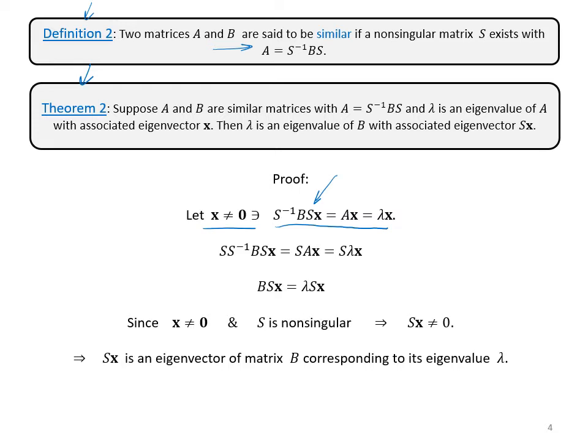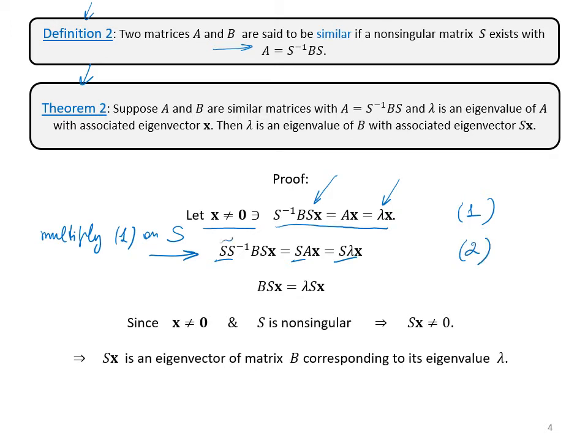We also know that lambda is an eigenvalue of matrix A. So now, let's say equation 1, we are going to multiply this expression 1 by matrix S from the left and write down expression 2.